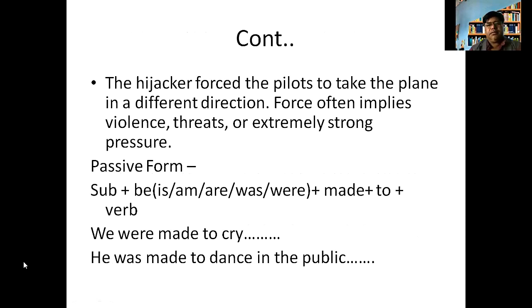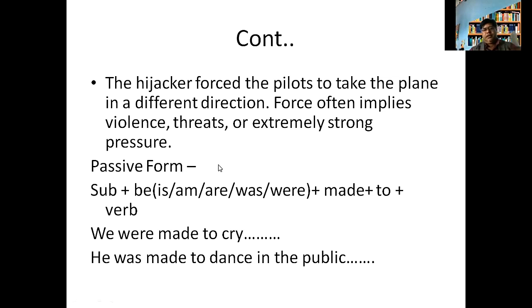The hijacker forced the pilots to take the plane in a different direction. Force often implies violent threats or extremely strong pressure. Therefore, with force we use to plus the infinitive.